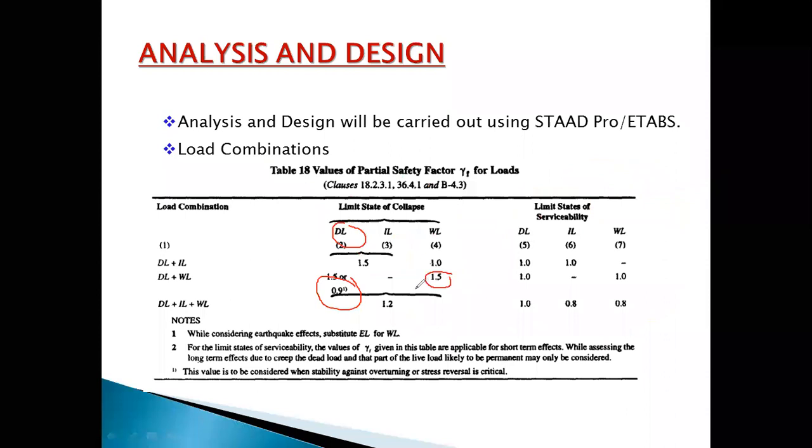In this case, we have only two primary case combination. So there are two types again. First, two primary cases combination has to be multiplied with 1.5, and second type of combination has to be multiplied with 0.9 times of the dead load plus 1.5 times of the wind load or seismic load, in the sense 1.5 times of the lateral loads. So those are all the combinations for limit state of collapse case.